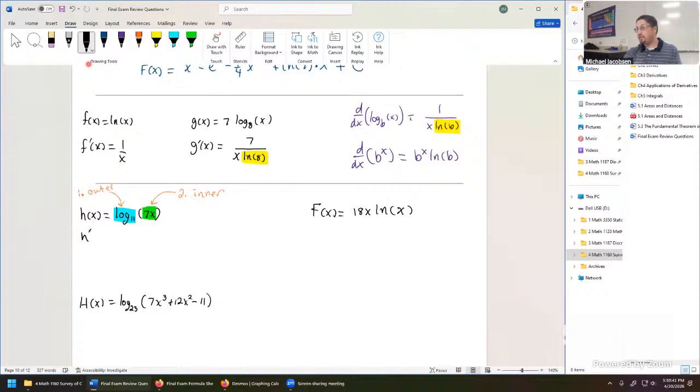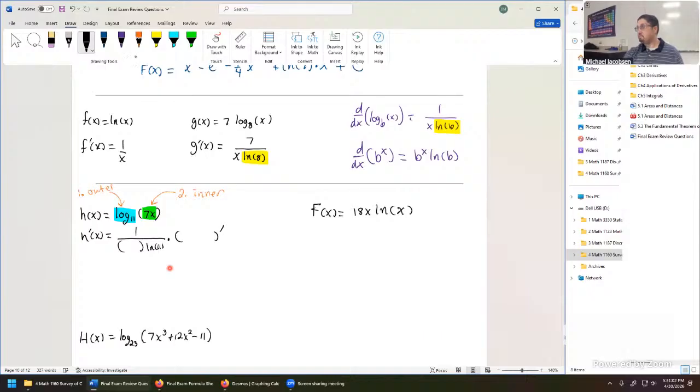So on that version, h prime of x is going to be equal to, here, I'm going to leave the numerator break. Actually, it wouldn't hurt to take an extra step. Let's take an extra step on this one and write out this way. Okay, so there's our derivative for the first derivative of base 11.